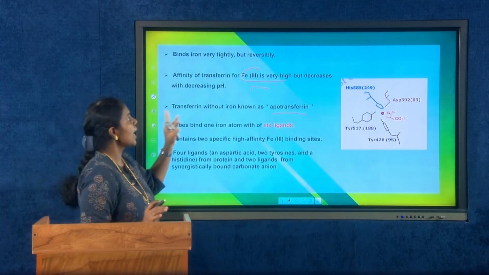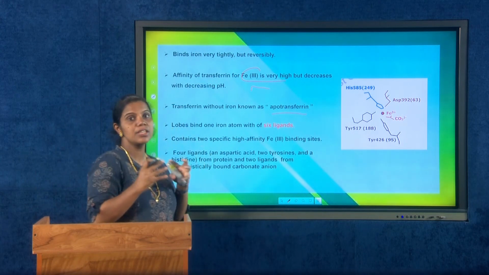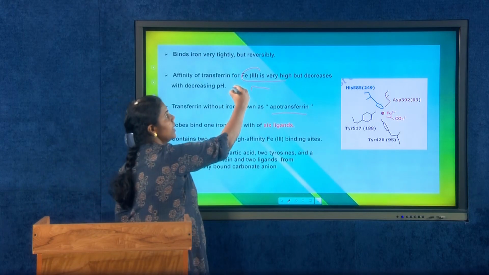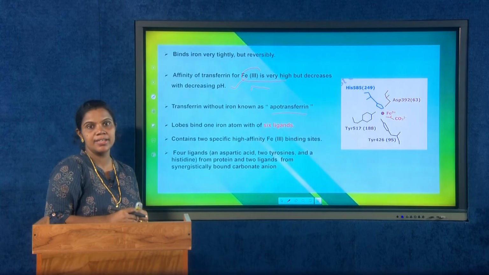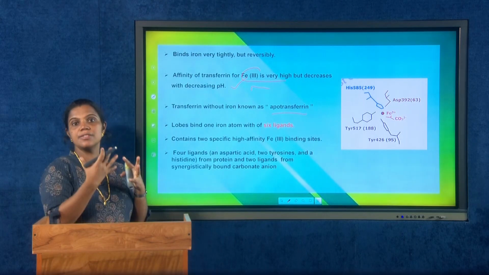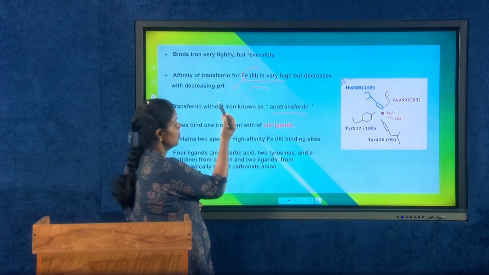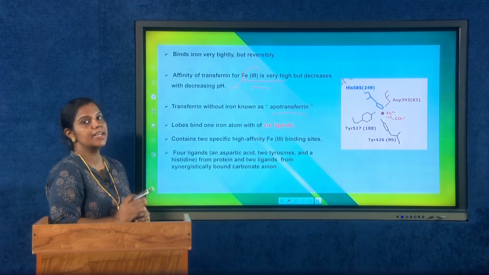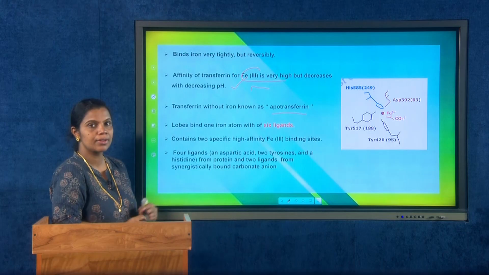That is, transferrin binds iron in the 3+ oxidation state very strongly.